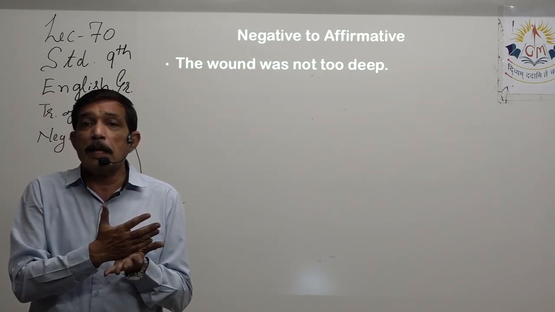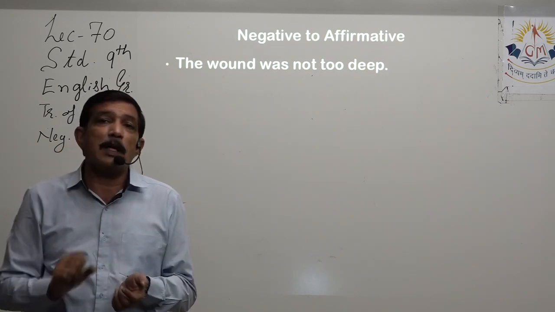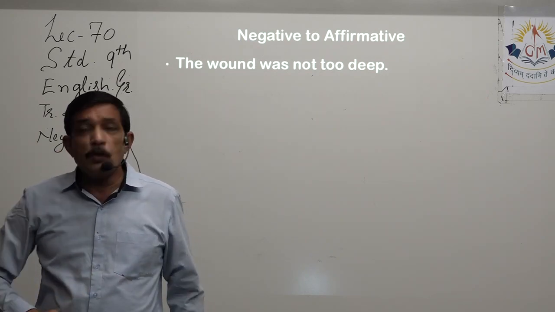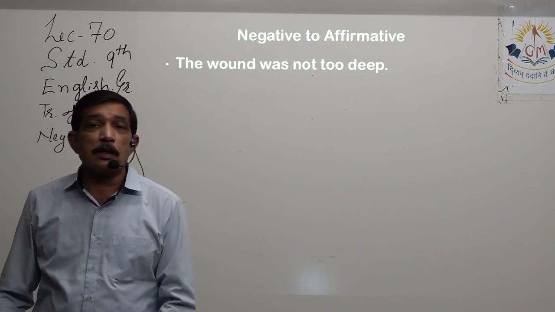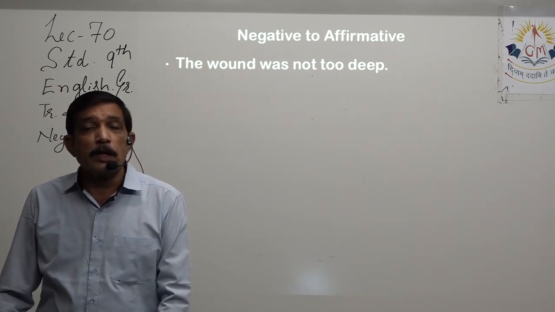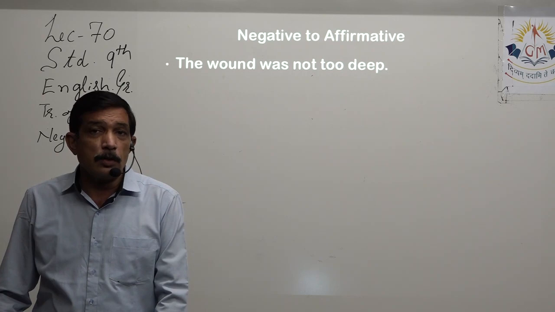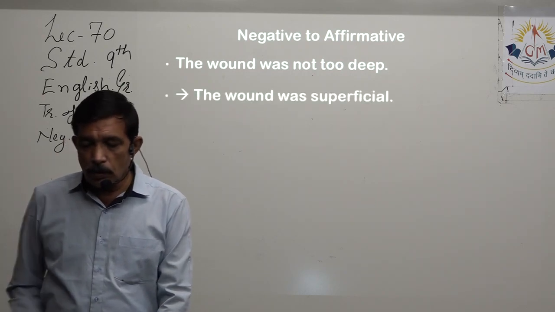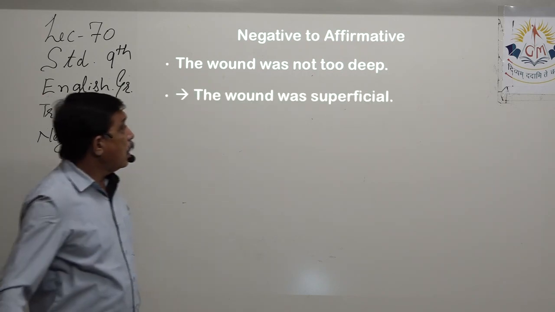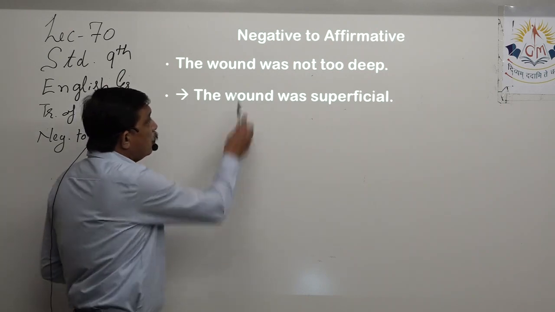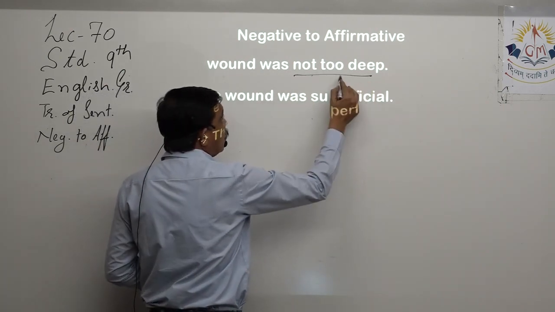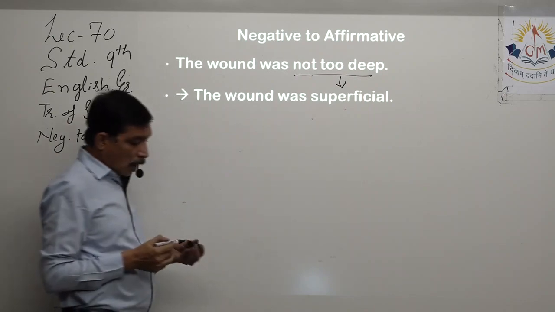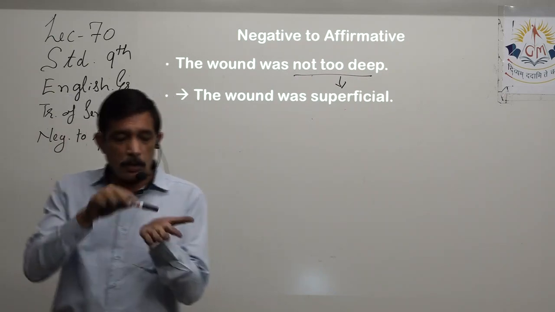Yes, that means it was just on the upper layer, right? Now we won't waste much time asking you to try to make out the answer. We'll do it very quickly, because the wound was not too deep, it is superficial. Superficial means that it is on the skin only.